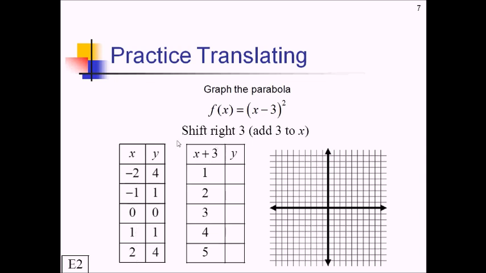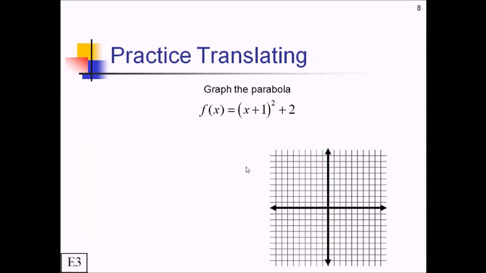So if you're adding the same thing to all of them, they should still only be separated by 1 at the end of this. Y values are all the same. So 4, 1, 0, 1, and 4. And graph it out. We've got (1, 4), (2, 1), (3, 0), (4, 1), and (5, 4). And parabola.